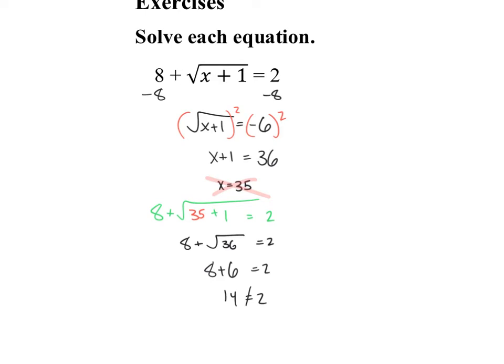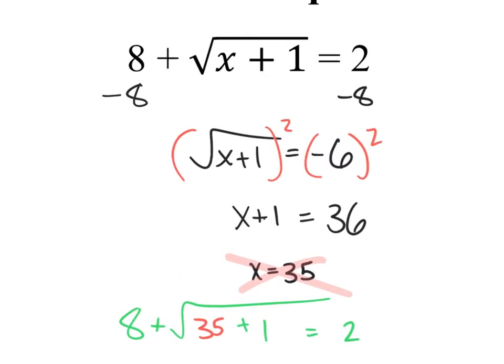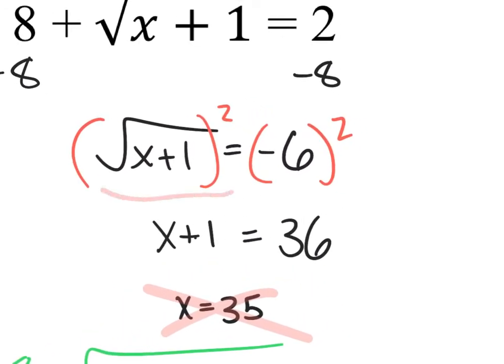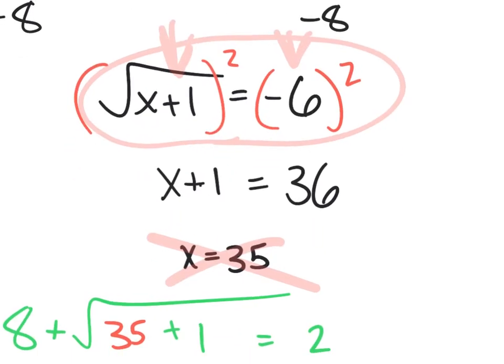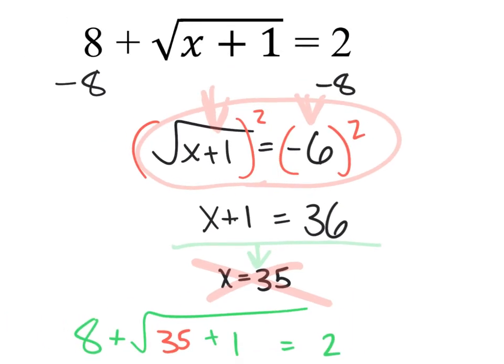The reason for that, if you look back at this scenario right here, is that we had a square root equaling a negative number. That can't happen. Now, once we squared it, we changed it to a linear equation. This linear equation has a solution. It's 35. But that 35 does not make this part true, so that means it doesn't make the original part true either.